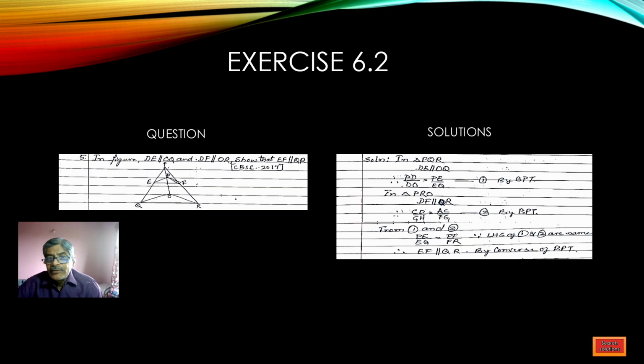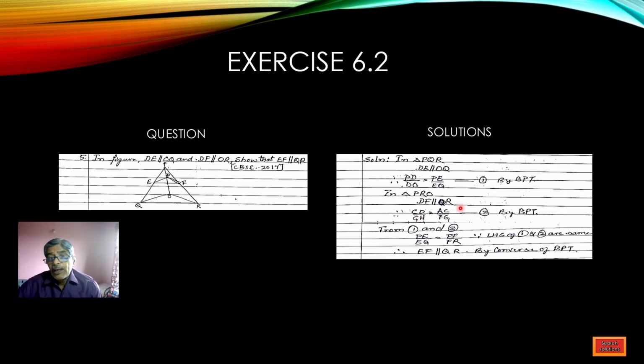So here in this triangle PQR, DE is parallel to OQ, which is given, and therefore PD by DO is equal to PE by EQ. We will call it as 1, and it is based on basic proportionality theorem. Similarly, we will take triangle PQR, and then PRO.